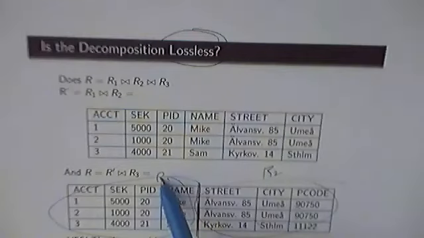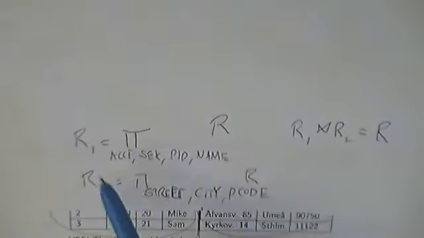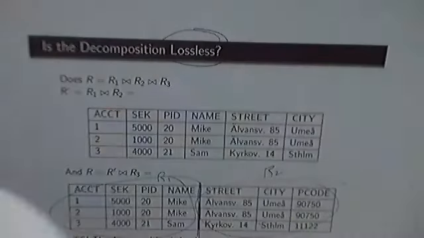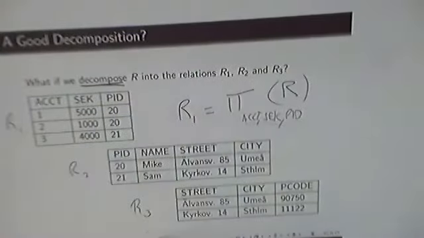The answer is absolutely not. Since there's no attribute to join on, it's going to do a Cartesian product, and we're going to wind up getting like 9 tuples. When we try to put it back together again, it's going to be bloated with a lot of spurious tuples in it. So this particular decomposition is lossy. This is lossy, and this is lossless.